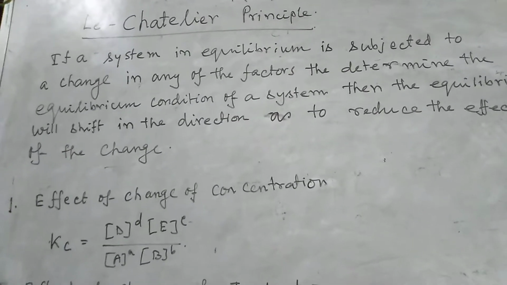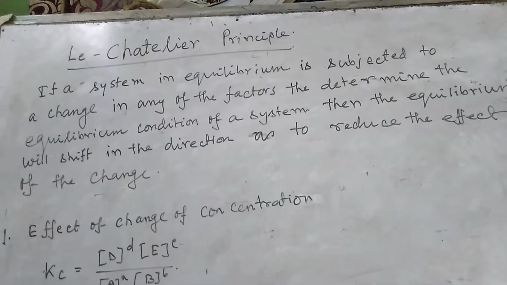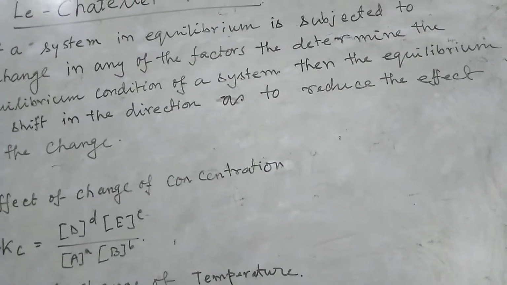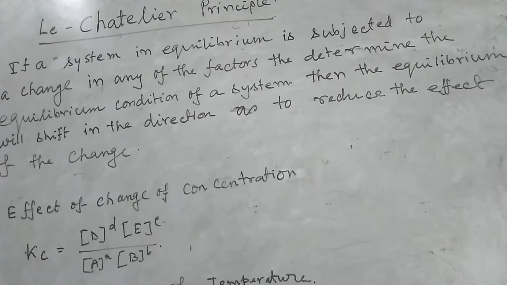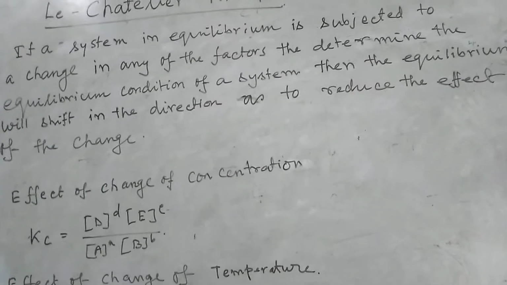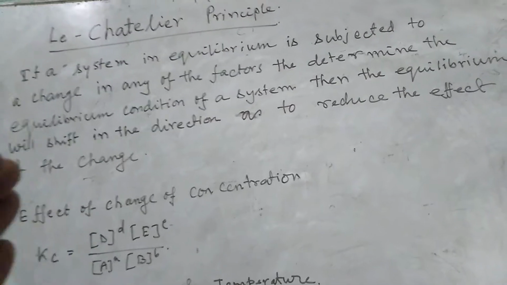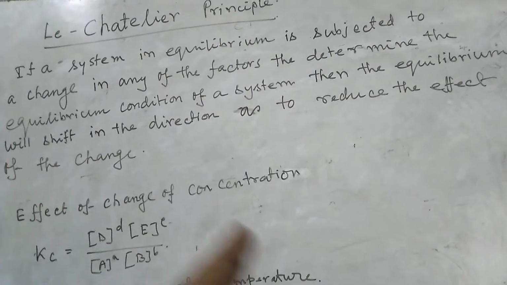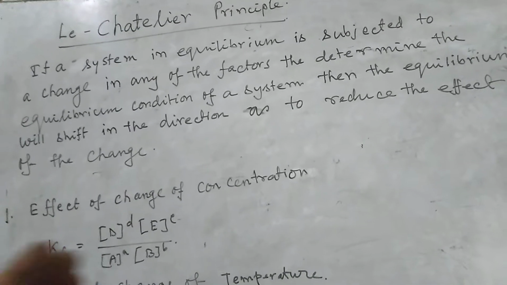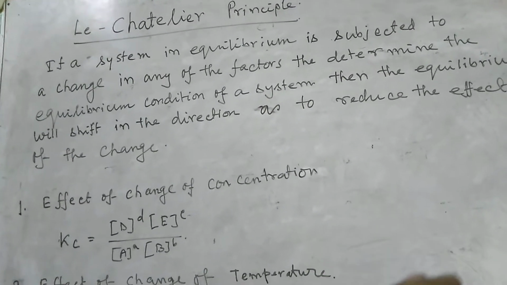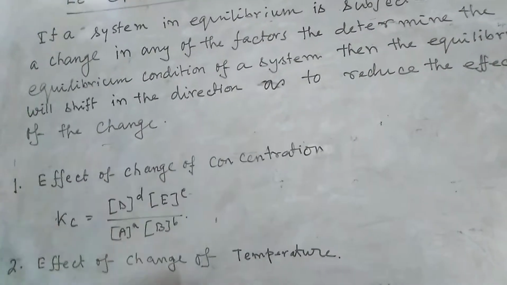If we change any of the factors after reaching equilibrium, to keep the equilibrium constant remain constant, the reaction shifts either in the forward or backward direction to minimize the effect of the change of those factors.